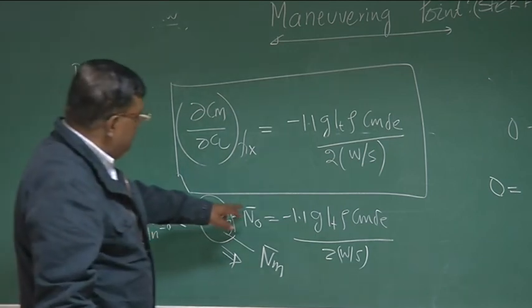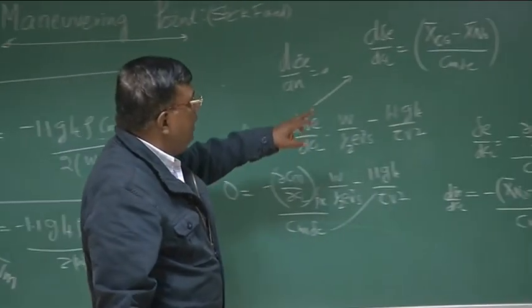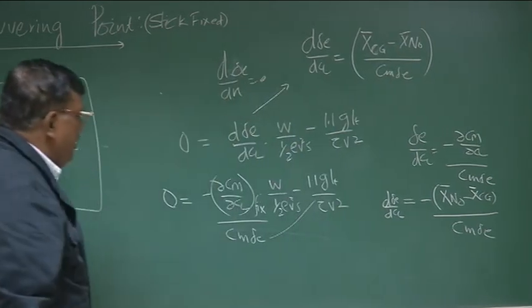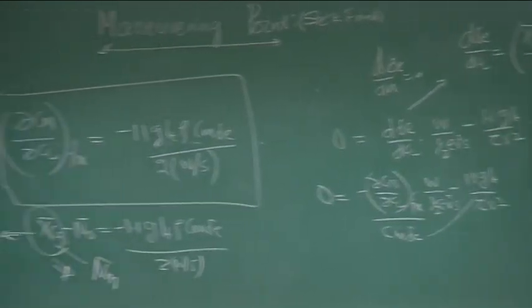Sometimes I am missing this bar. Please understand that whenever I am putting in dimension, they are non-dimensionalized with chord. So please be careful. Okay. So what have we got from here?